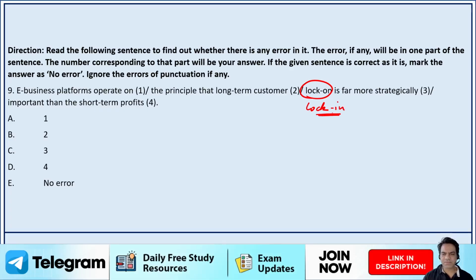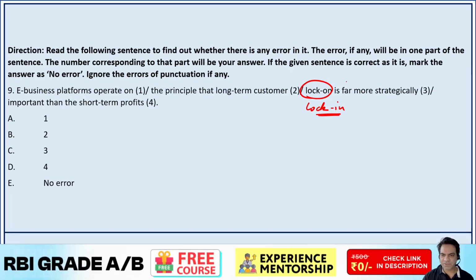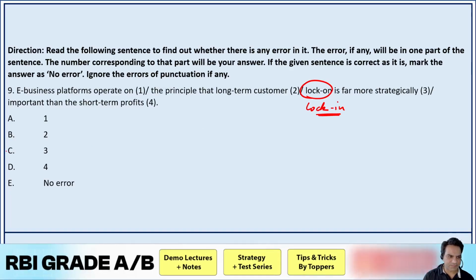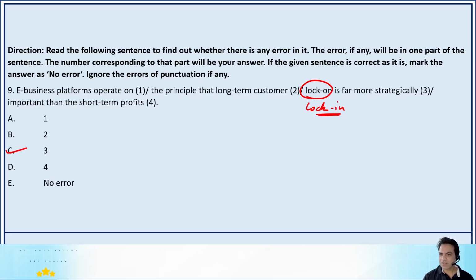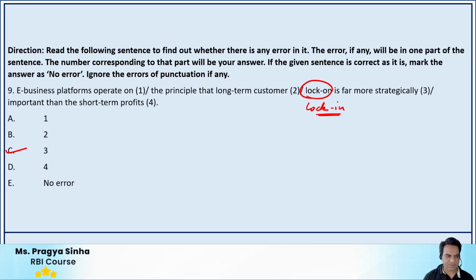So it should be long-term customer lock-in is far more strategically important than the short-term profit. So option 3 is your correct answer. Lock-in means to keep them associated with you.